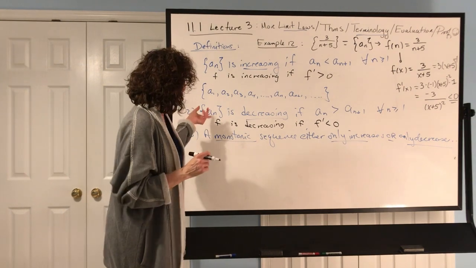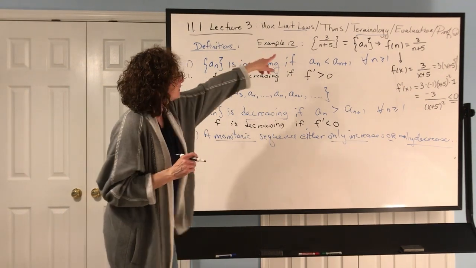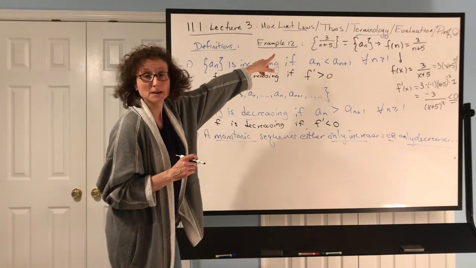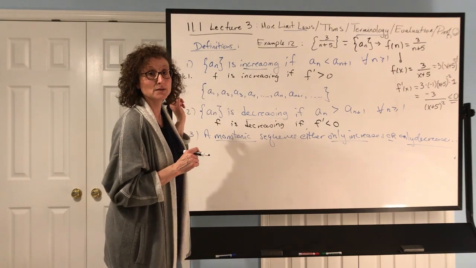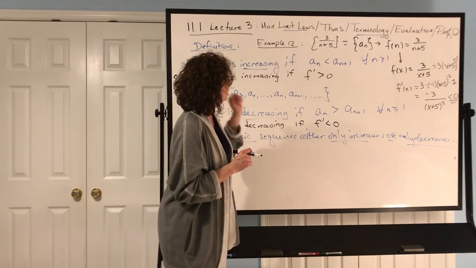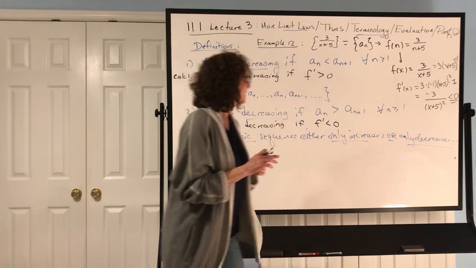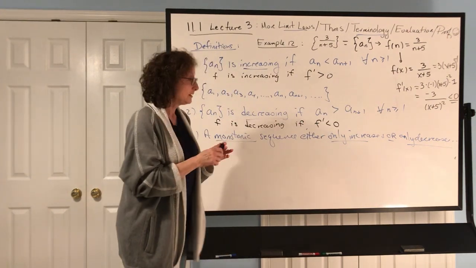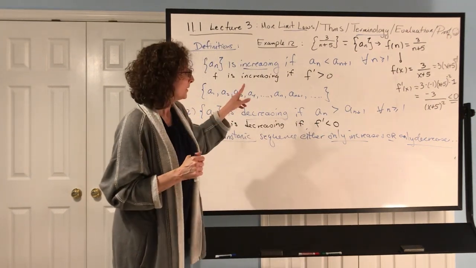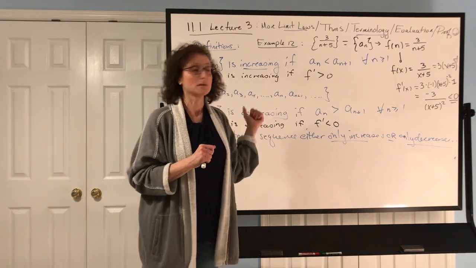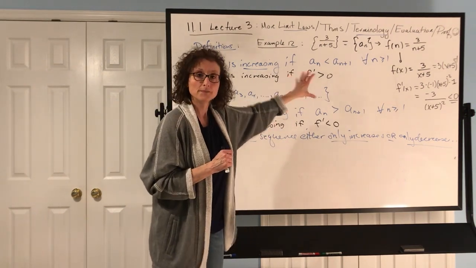And so that is another way to show that this example 12 is a decreasing sequence. Does that make sense? So look at the book solution for example 12 utilizing this guide, and then example 13 does a different sequence and does it both ways, once with calculus and once with these definitions. All right.